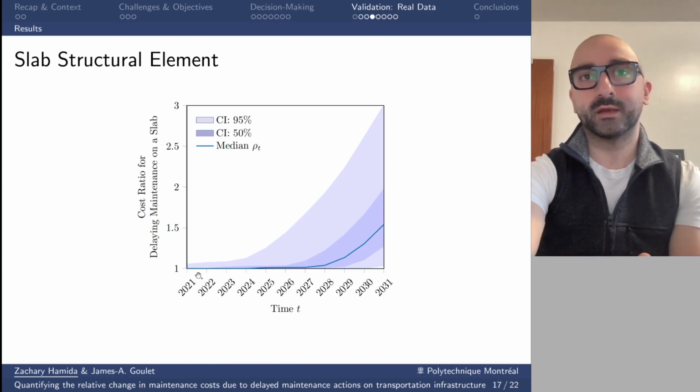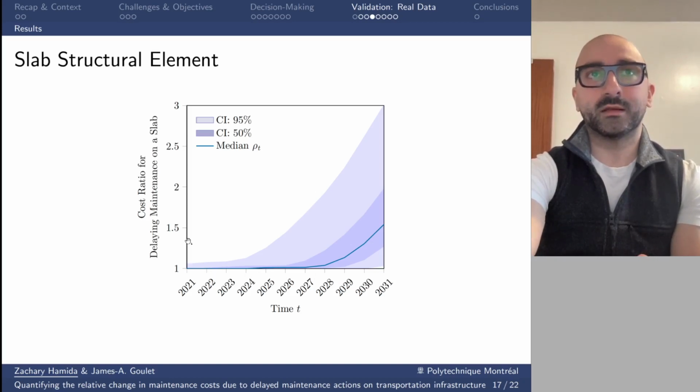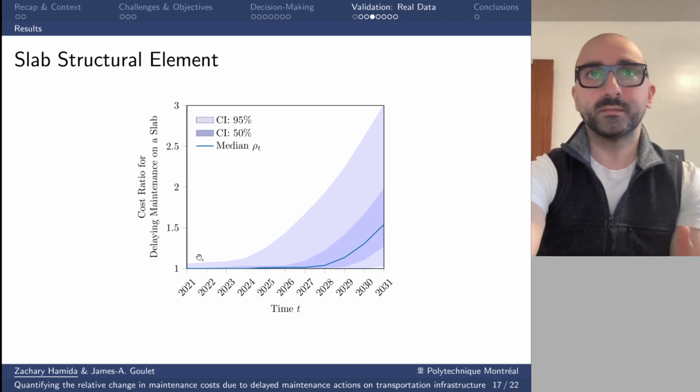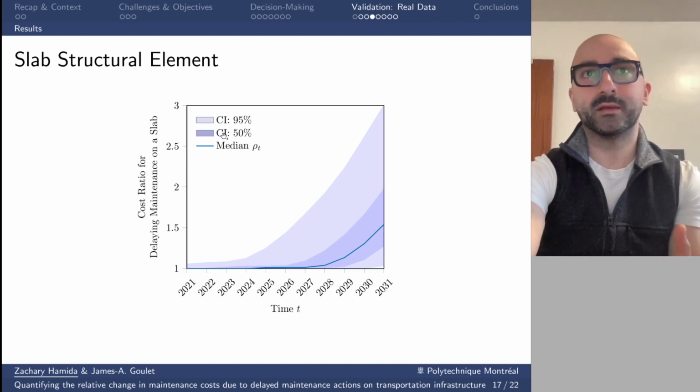On the x-axis we have the time again on a yearly scale, and on the y-axis we have the cost ratio, and here we have the confidence interval for 50% and 95%.